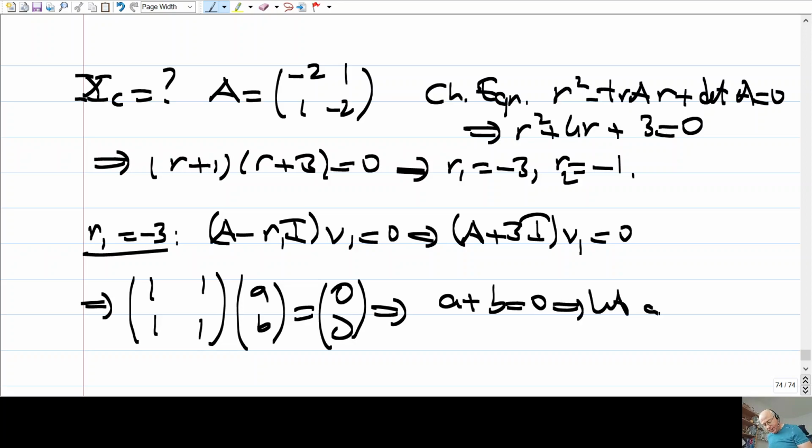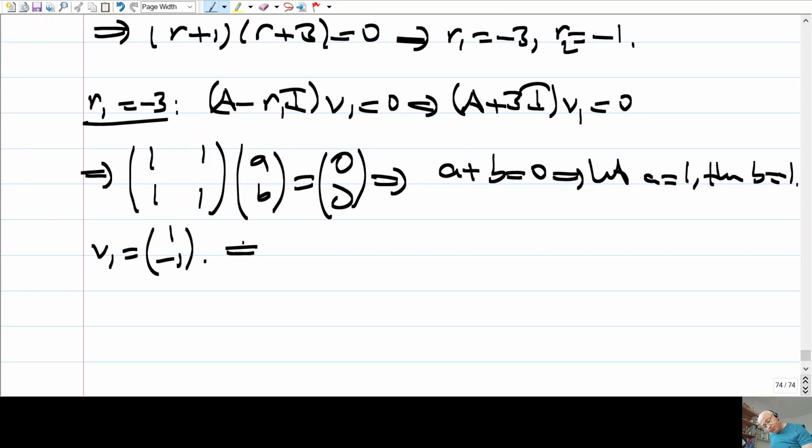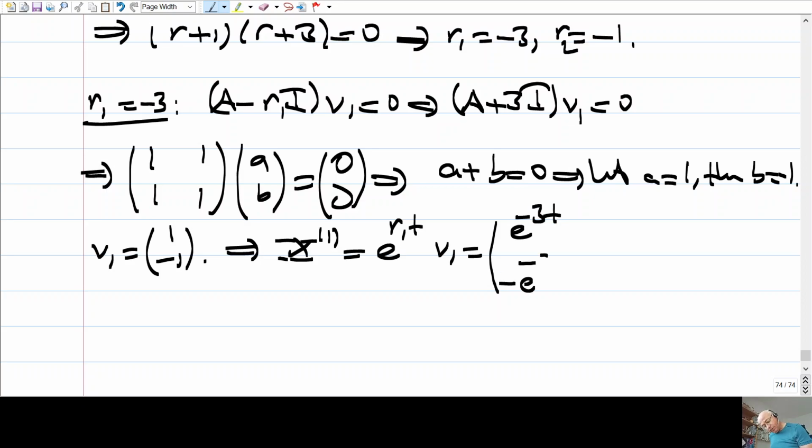So let a equal 1, then b is minus 1. So v1 can be taken as (1, -1). And the corresponding solution is e^(r1 t) v1, where r1 is minus 3.